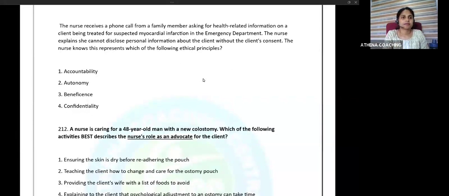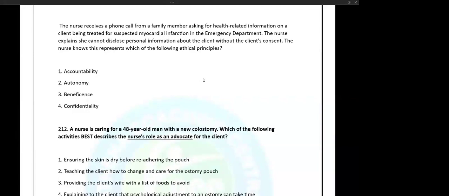So this is the first question. The nurse receives a phone call from a family member asking for health-related information on a client being treated for suspected myocardial infarction in the emergency department, and the nurse explains she cannot disclose personal information about the patient without the client's consent.